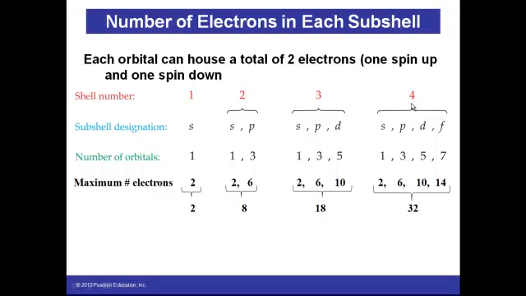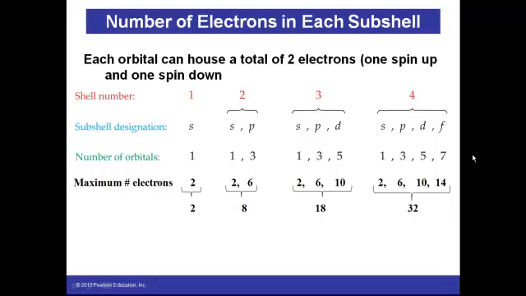When you go up to the 4th level, you're going to add on that F apartment building, which has 7 orbitals, and so you can house 14 more electrons in the 4th level. The 5th, 6th, and 7th each contain these 4 subshells and can have a maximum of 32 electrons in those outer shells as well.